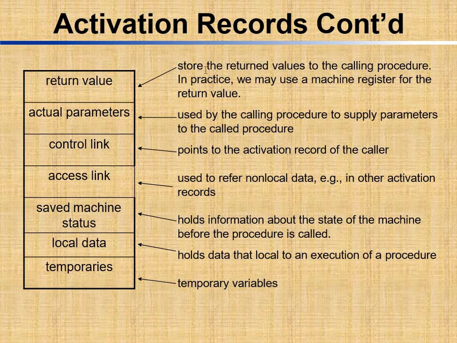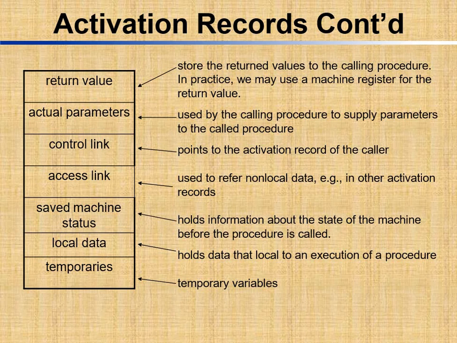The return value stores the return values to the calling procedure. In practice we may use a machine register for the return value. The actual parameters are used by the calling procedure to supply parameters to the called procedure. The control link points to the activation record of the caller.